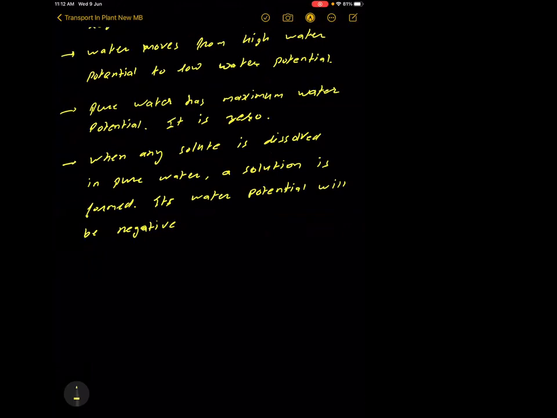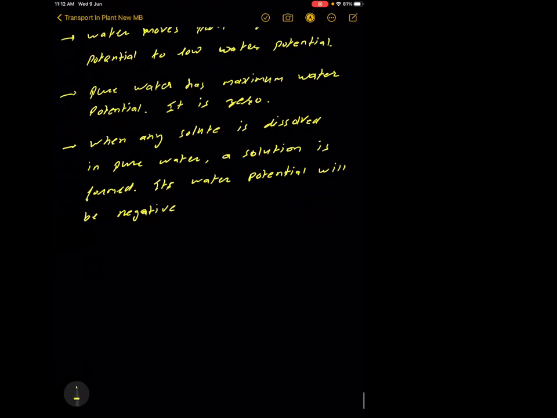Next, water potential is generally represented by one sign or letter, that is psi. Okay, psi. And the unit to measure water potential is bar.